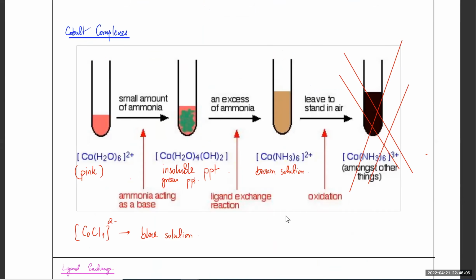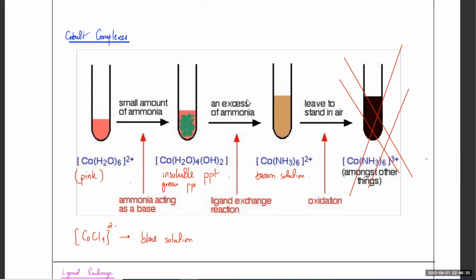These are cobalt complexes. With OH ions, it forms a green precipitate. With NH3, it forms a brown solution. With water, it's pink. With Cl, it's a blue solution. And these are exactly the same complexes that you'd get with copper as well.